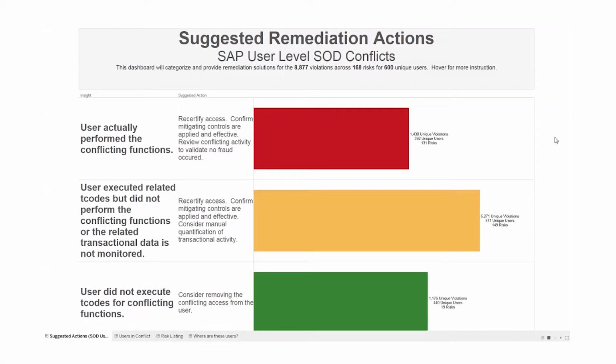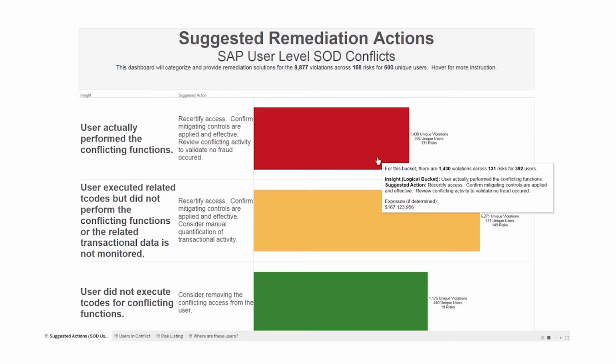So when we combine the data that we get from our GRC access control and the transactional analytics that we build, we can now put all of the violations that we have into three different buckets. If we look at the top, we can see there's 8,877 violations on our GRC rule set across about 170 risks for 600 unique users.